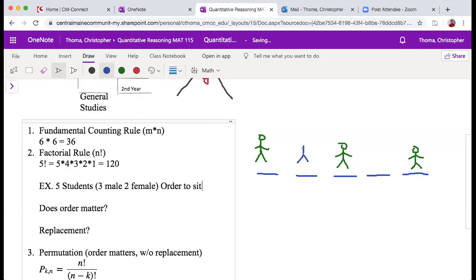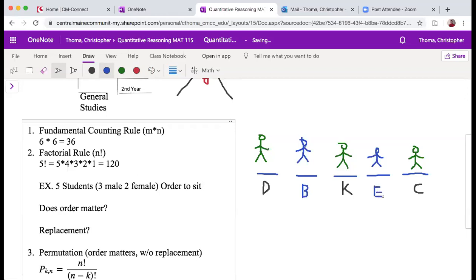Do we have any art majors in our class? So one outcome: this can be Dylan, and then Kyle, and because we don't have enough students, I'll make this me, and then Brianna, and then Emma.